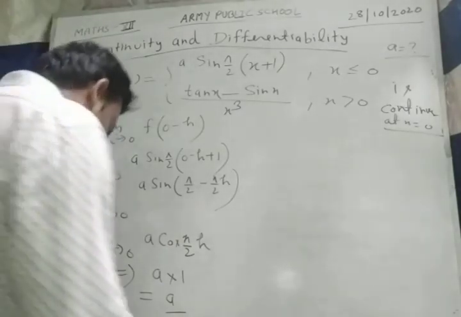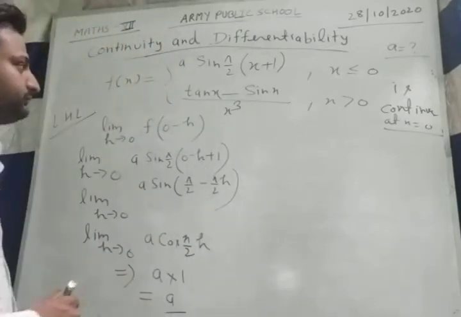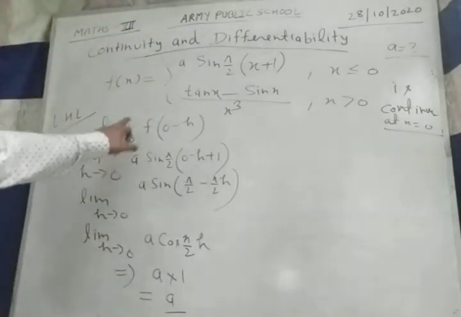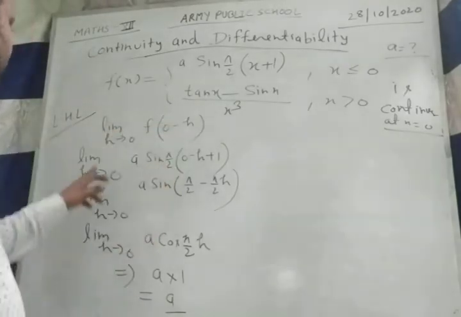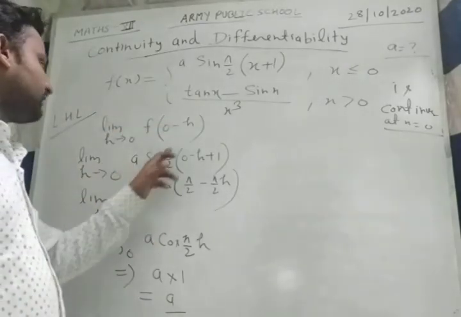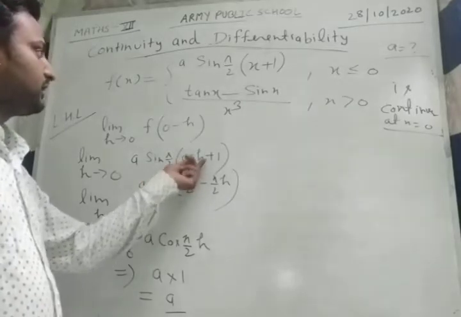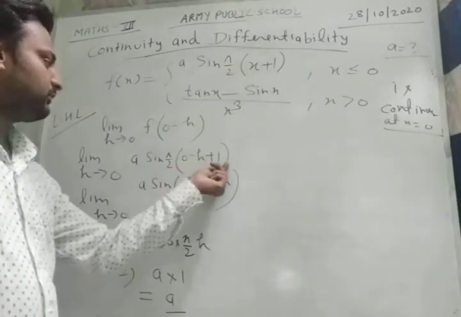Now we find our right hand limit. What we had done, limit h tends to 0, f of 0 minus h, limit h tends to 0, a sin(pi by 2 (0 minus h) at the place of x, and plus 1).